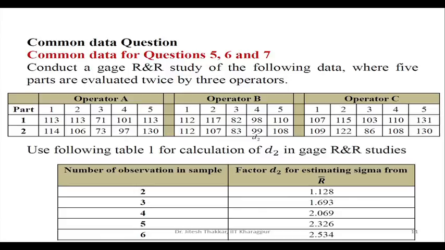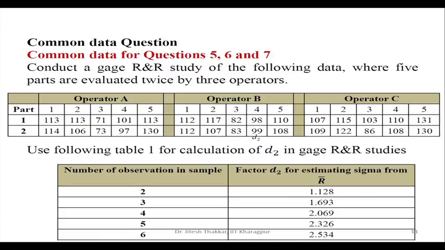There are 3 operators, operator A, operator B and operator C. Each operator is evaluating 5 parts, 1, 2, 3, 4 and 5, and each operator evaluates twice. So, you have on the left side part, that is 1, 2, 3, 4, 5 and the number of times, 1 and 2.